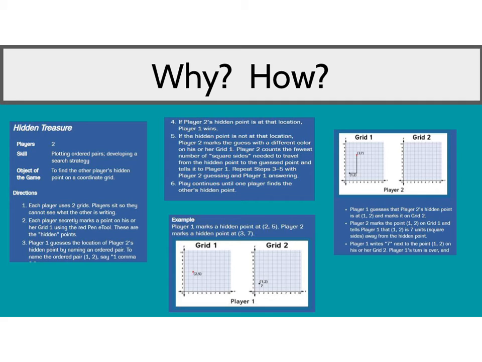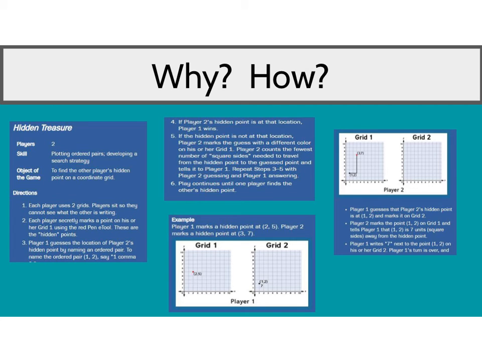Player 1 guesses the location of player 2's hidden point by naming an ordered pair. To name the ordered pair 1, 2, you're going to say 1, 2. If player 2's hidden point is at that location, player 1 automatically wins. If the hidden point is not at that location, player 2 marks the guess with a different color on his or her grid 1.